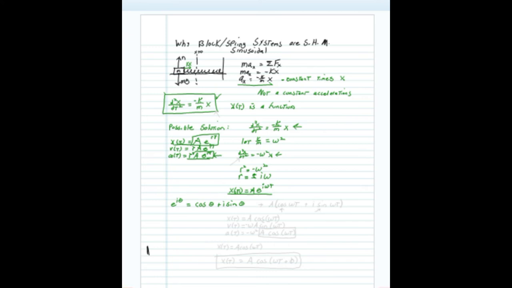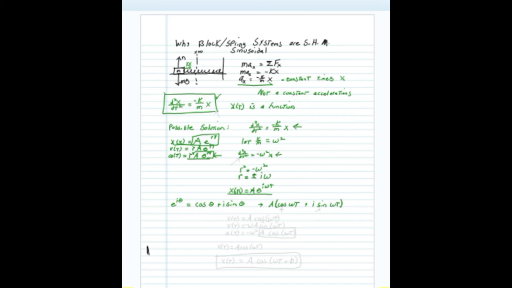All right, so in our case, if e to the i theta is cosine theta plus i sine theta, then a e to the negative i omega t is going to give us a times the quantity cosine omega t plus i sine omega t.